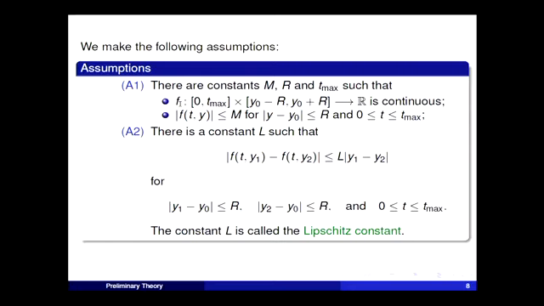Further than that, you assume that the function is bounded over a region. And then we can assume that the function is Lipschitz in the sense that if you take the difference of f evaluated at y1 minus f evaluated at y2, then it's controllable by some constant times the distance between y1 and y2, for some region.